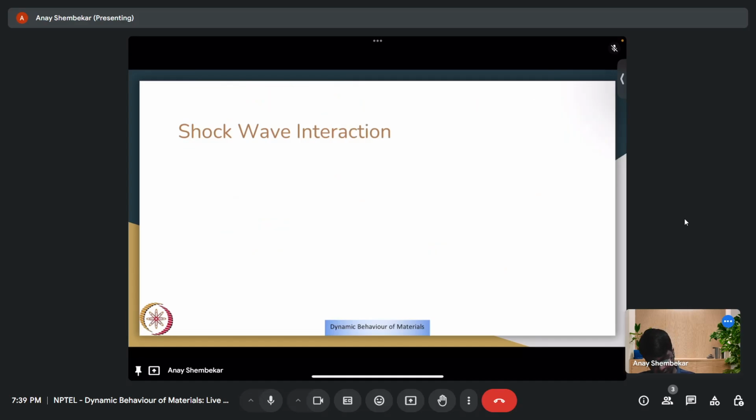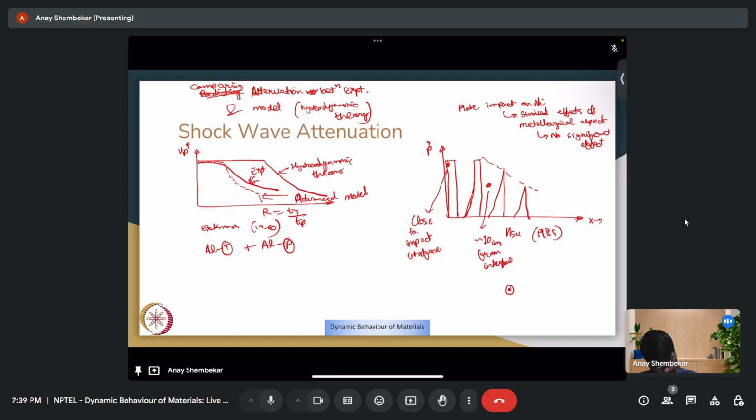These dots are basically your hydrodynamic prediction, which means that your hydrodynamic prediction predicts much less attenuation.